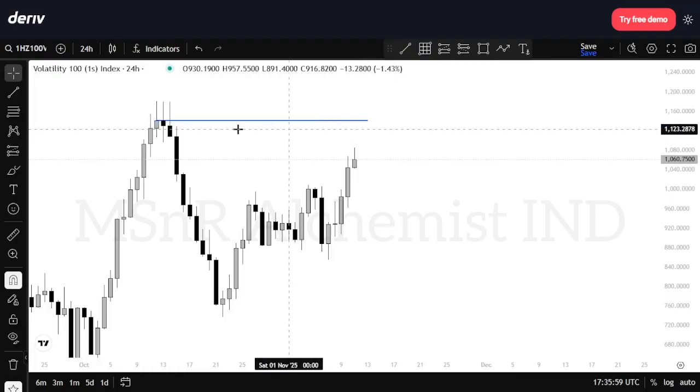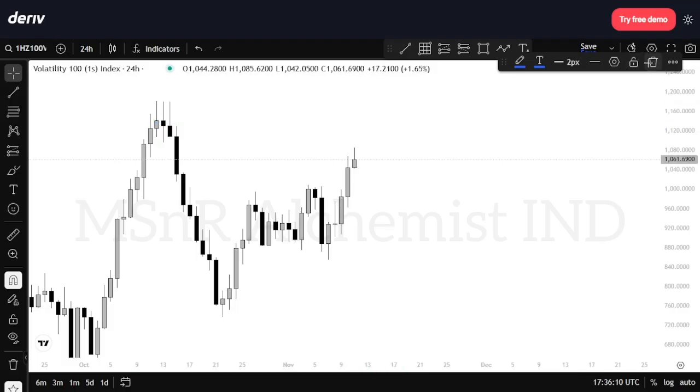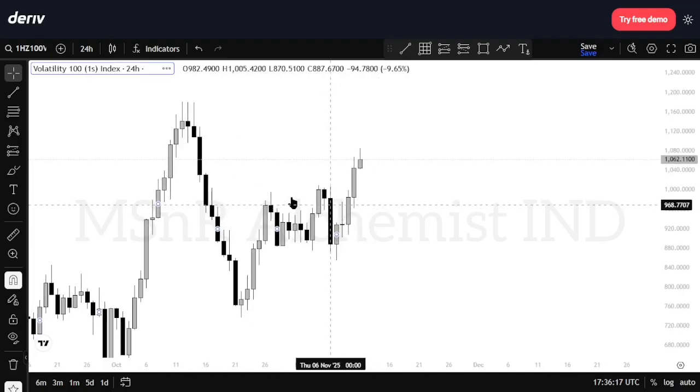Her specialty is she marks a zone that never gets broken. At least that zone gives a reaction, like you will get 100% reaction from that zone. It will work or not, that is another thing.